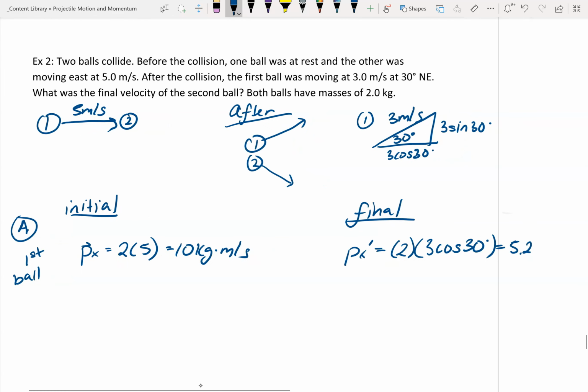Initially, in the y direction, we're going to get 0 plus 0. Then in our final direction, we have 3 plus py2 prime.